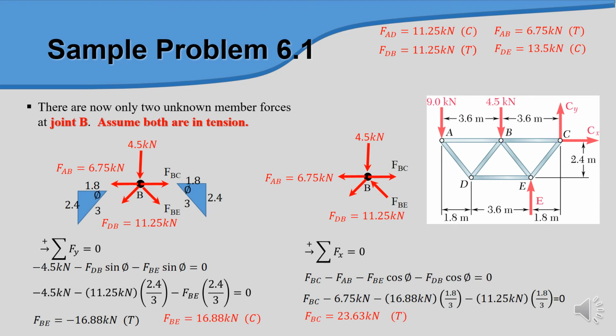Using the y-axis, we finally have the value of FBE as negative 16.88 kilonewton. We set it first as tension, but the correct answer is 16.88 kilonewton in compression. Then we proceed to get the value of FBC, and finally we obtain FBC equal to 23.63 kilonewton, which is in tension.